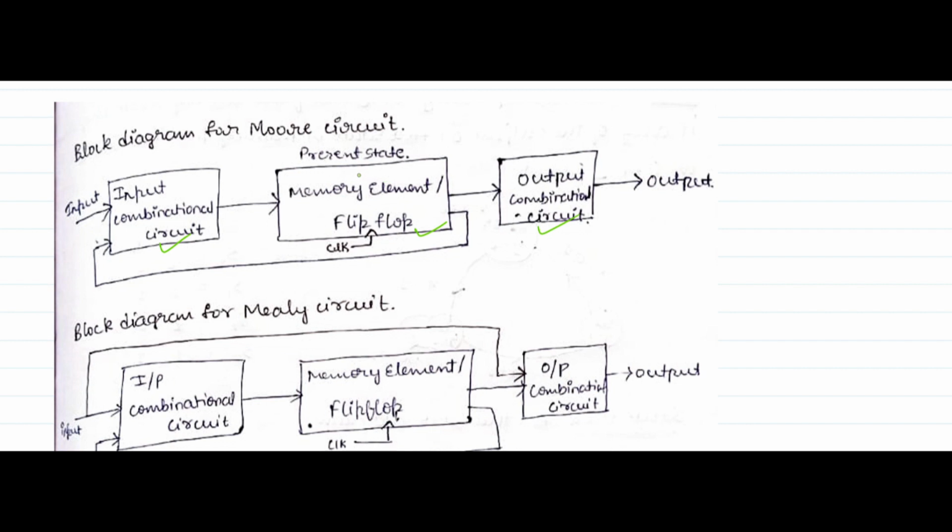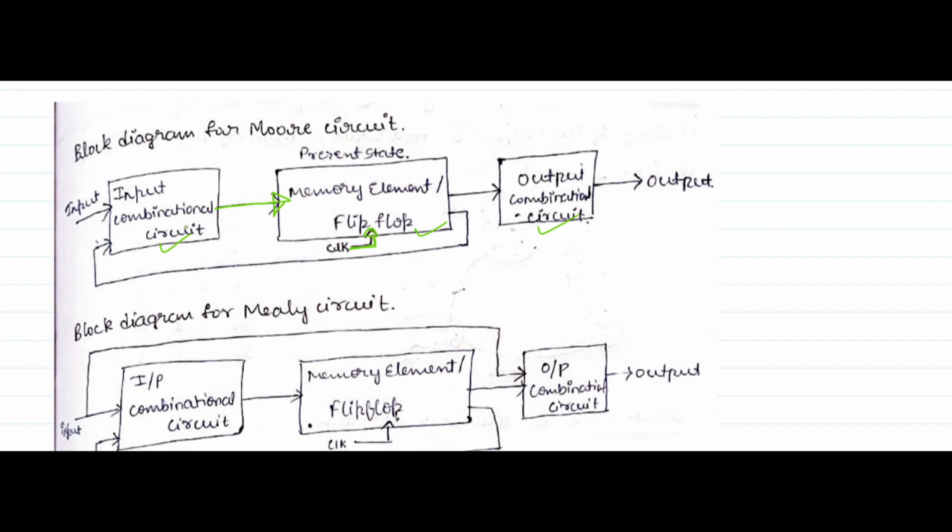Now for the Moore state machine, the circuit diagram will be like this. We have the input combinational circuit. Its output goes to the memory element or flip-flop, and remember to add this clock, because it is a flip-flop or memory element, so a clock will be there. Most of the time students forget this clock.